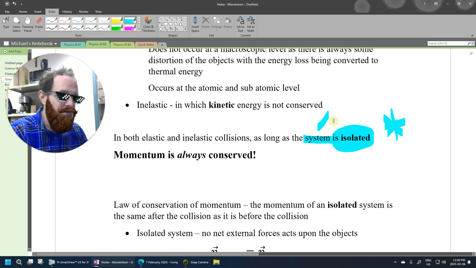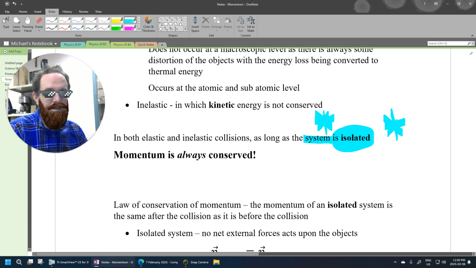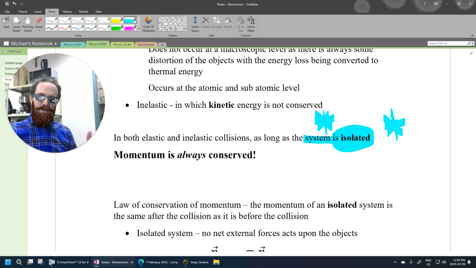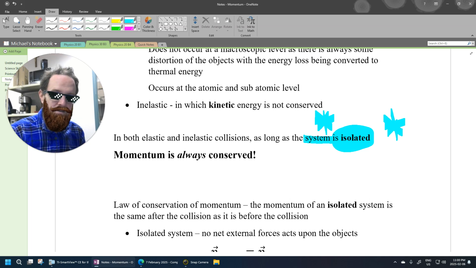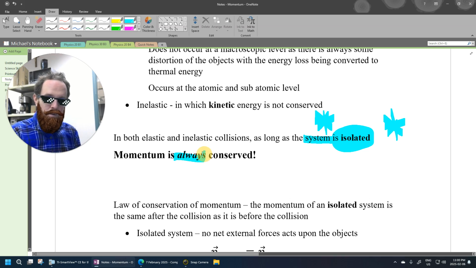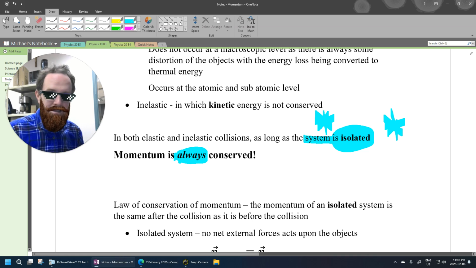We'll talk about what if it's not isolated, and how I know if it's not isolated. As long as it's isolated, and we talked about this, energy is not allowed to enter or leave the system, and the same thing with matter. It's all stuck within there. What you start with, you have to end with. And if that's the case, then momentum is always conserved, if the system is isolated.